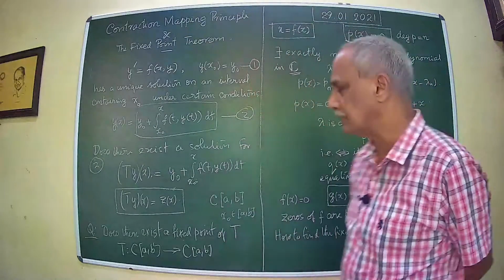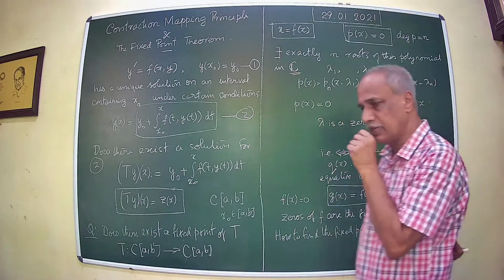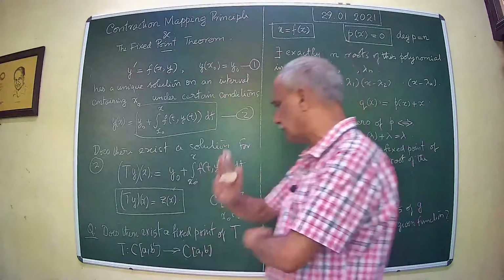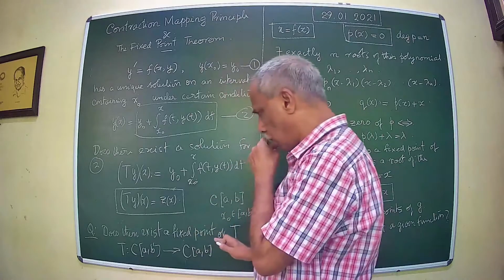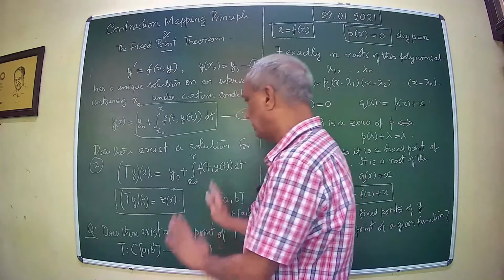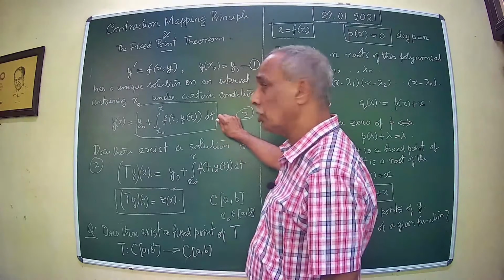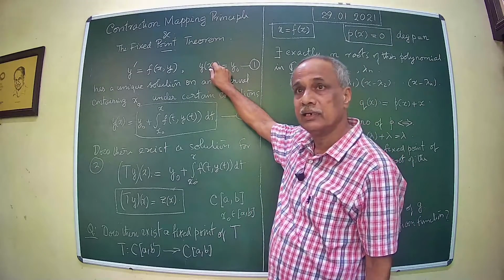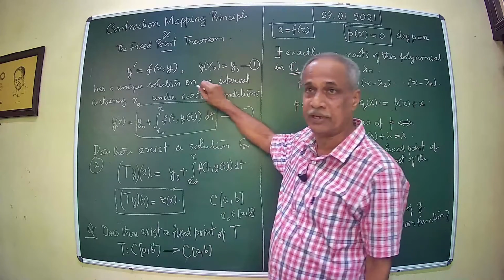You are asking whether T has a fixed point. That means, does there exist a function y(x) defined on the interval [a, b] which is continuous such that T of y equals y. That solves this problem. So this problem has been now converted into another problem asking for a fixed point of a certain mapping.